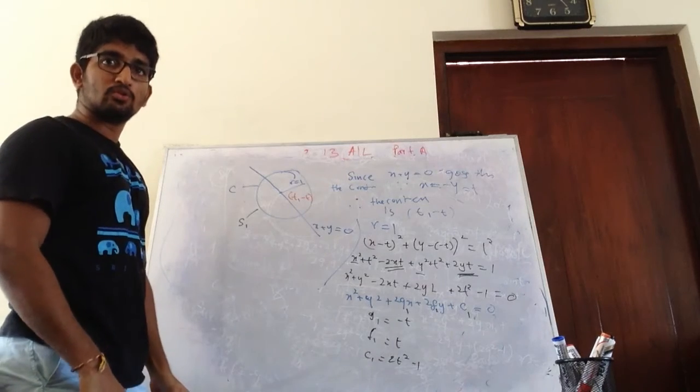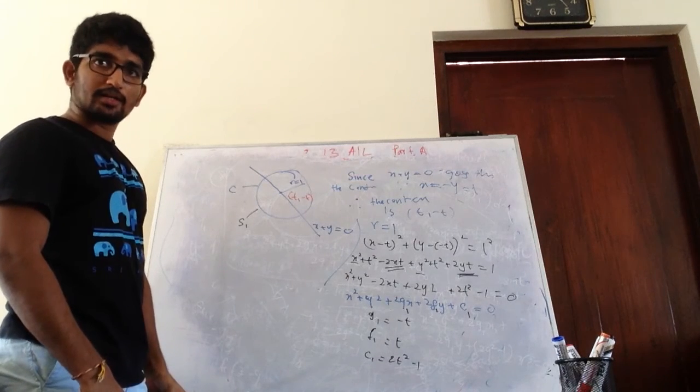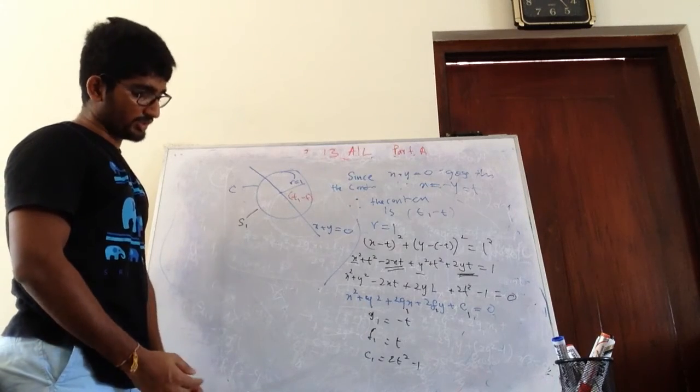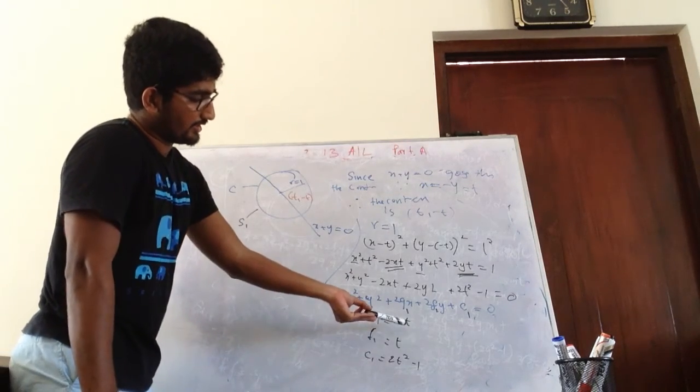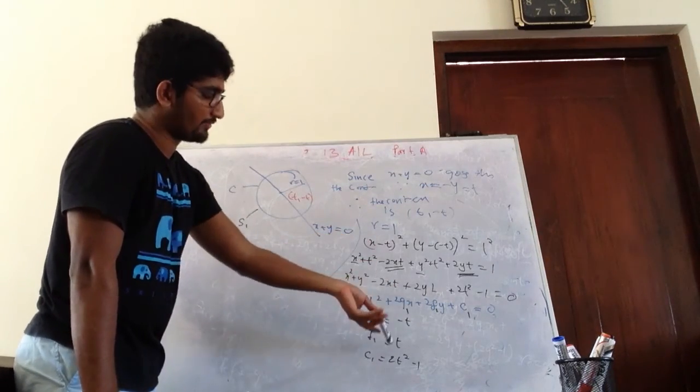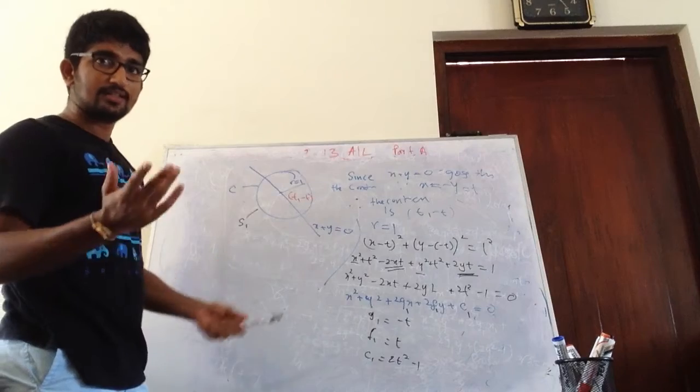So it's similar as before, correct? The only difference is that in the previous one we took the positive, so I have taken the negative, so it doesn't actually matter.